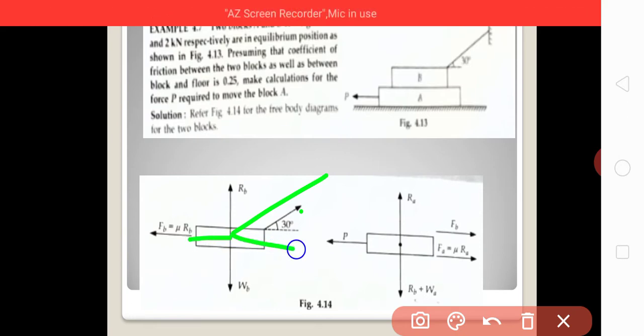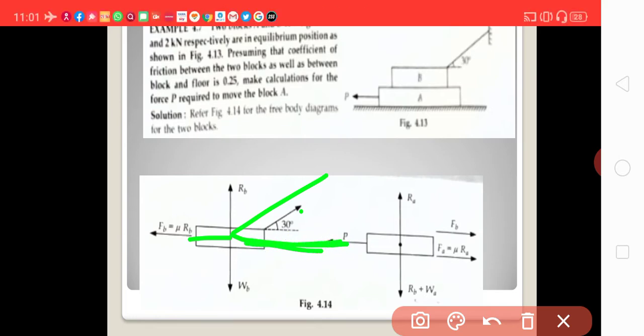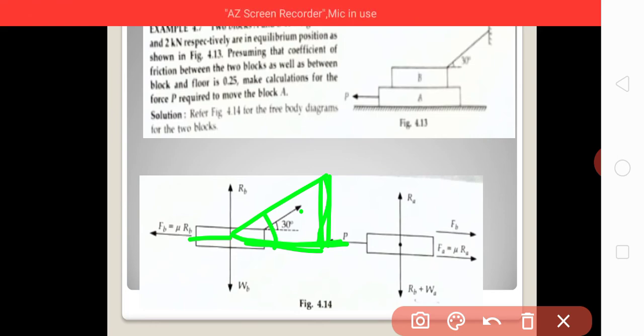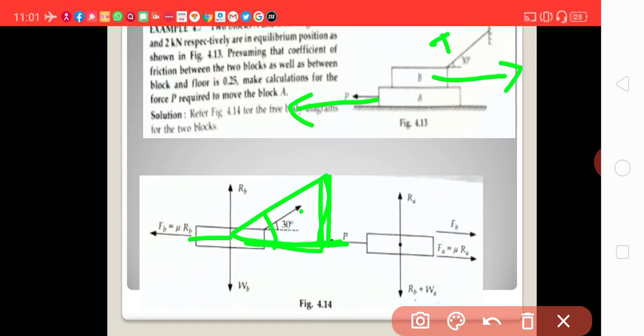In that condition, just resolve the forces along the plane and vertical to the plane. Let the tension be T. Now consider one more thing. When you are moving this block A towards left, virtually you are moving block B towards right.